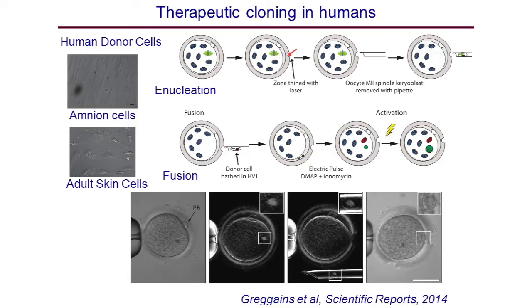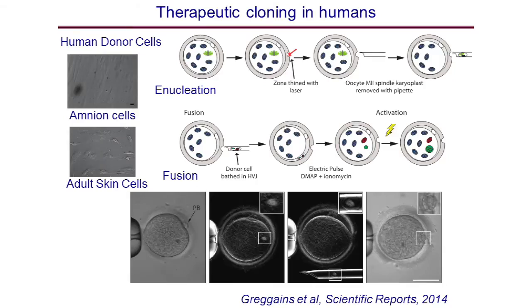So these slides are from work done in my lab. These are the donor cells we use for somatic cell nuclear transfer. These are amnion cells that we get from the amnion at birth of babies, and these are adult skin cells. You can see these fibroblasts growing flatly on the tissue culture plastic. Then we do enucleation by making a hole with a laser in the zona.